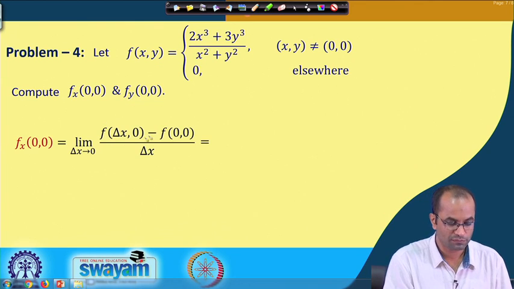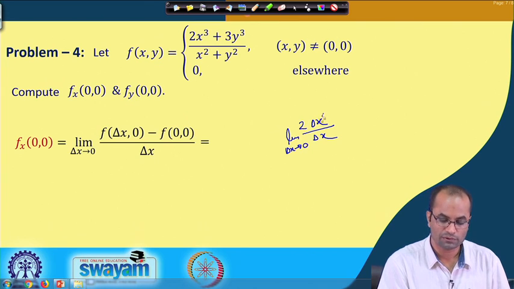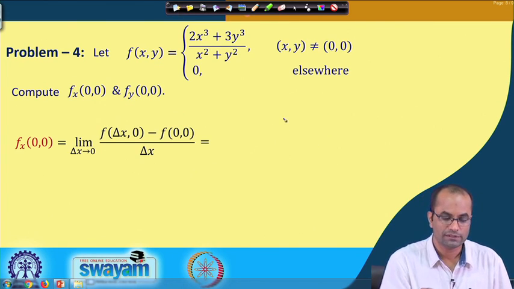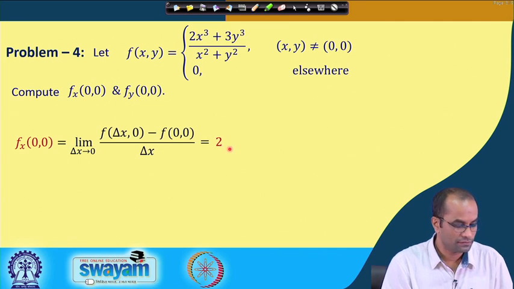So, we get 2 times Δx divided by Δx, and then the limit as Δx goes to 0. Δx gets cancelled and we get the value 2.